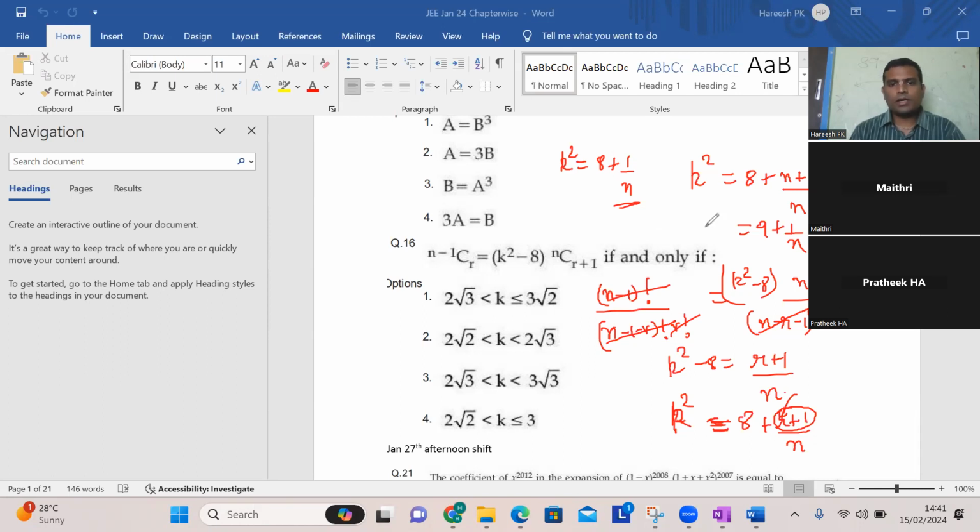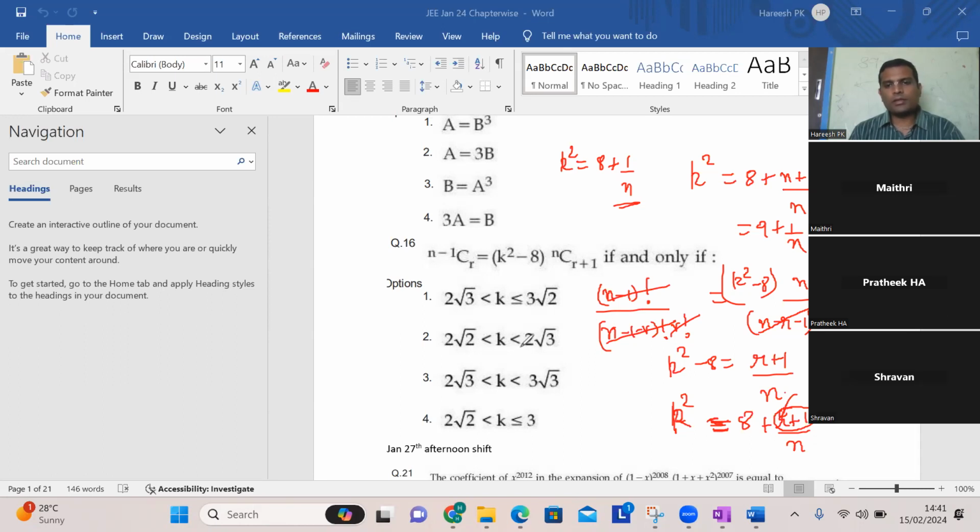Yes. And so it should be greater than 8, and it should be less than or equal to 9 plus 1 by n. So which is the right answer here? D. D? This one? Yes, sir. Okay, but now for k², we are saying k will be less than or equal to 3. But here isn't it telling k is greater than 3?